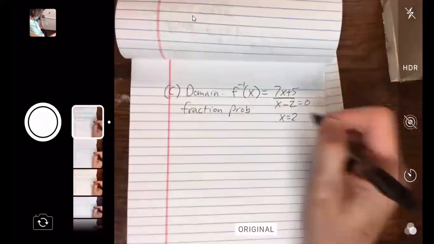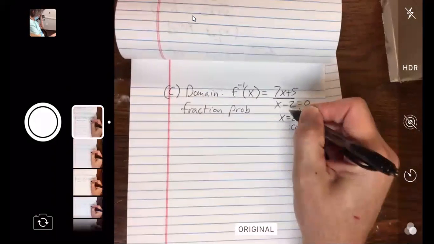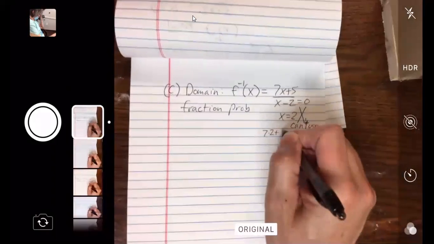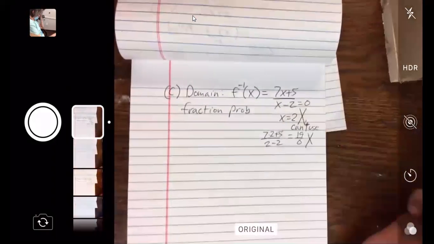If you set your bottom equal to 0, yes, x equals 2, but that is the number you can't use. It makes you divide by 0. 7 times 2 plus 5 over 2 minus 2, which is 14 plus 5 is 19 over 0. That's illegal. So that's the only number you can't use.